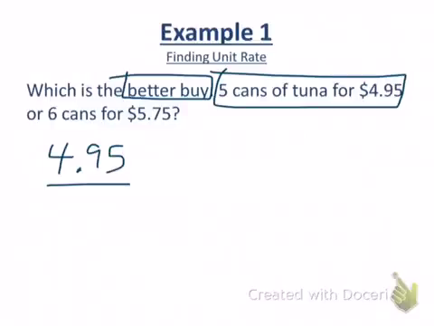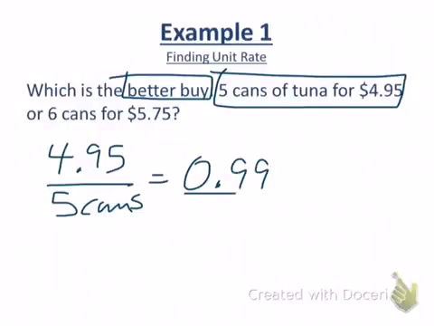$4.95 for 5 cans. That is 99 cents per can, right? For 1 can. All right, and then 6 cans for $5.75.